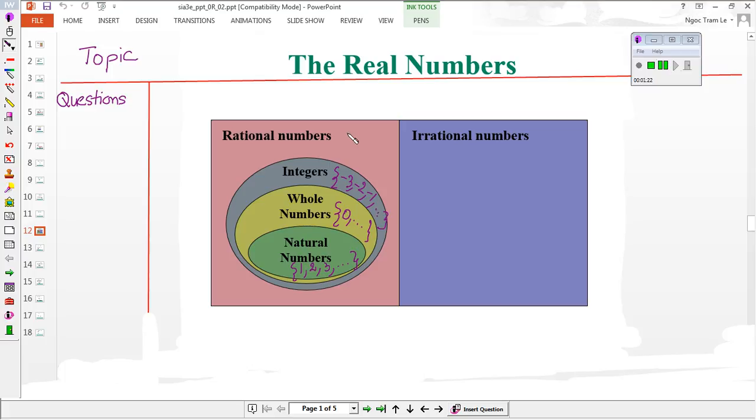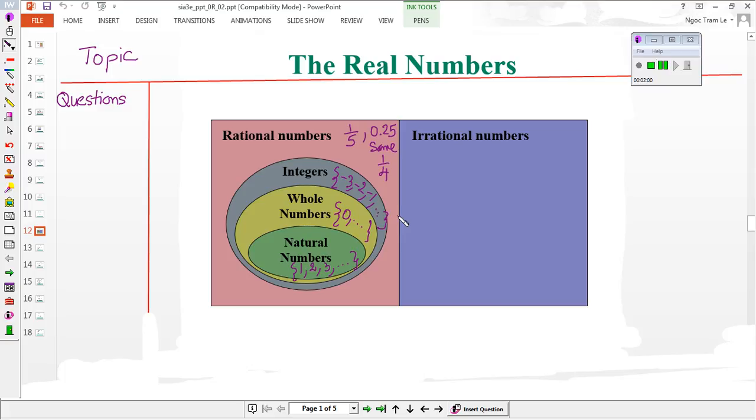They are fractions such as 1/5, or decimals such as 0.25. So you can see that this decimal number 0.25 is also the same as 1/4.